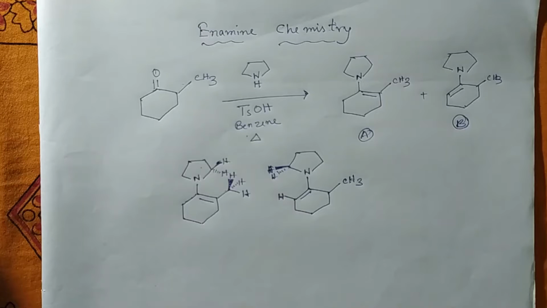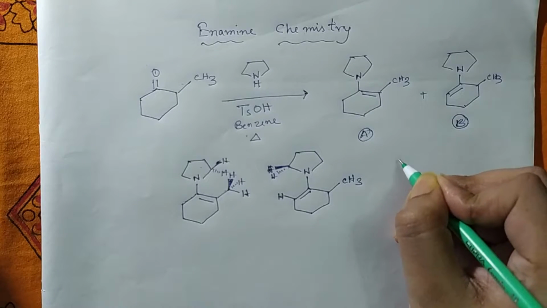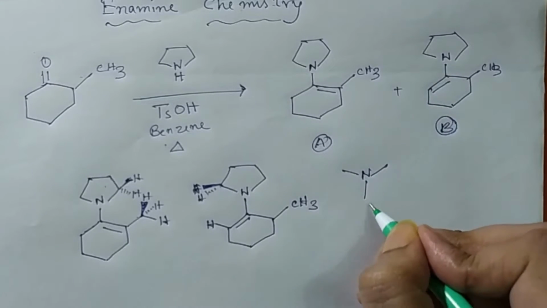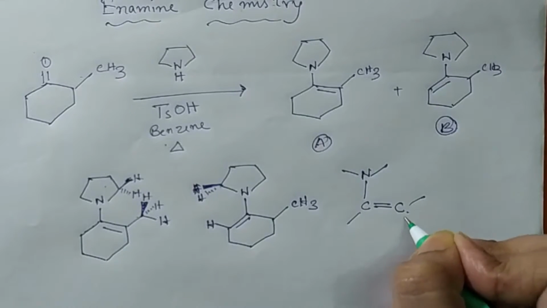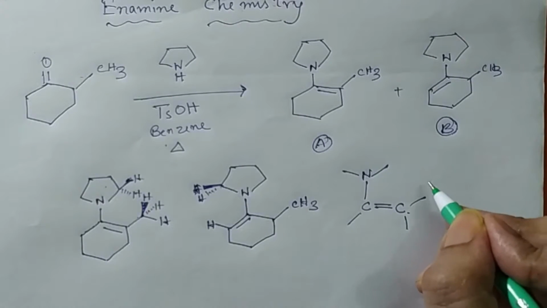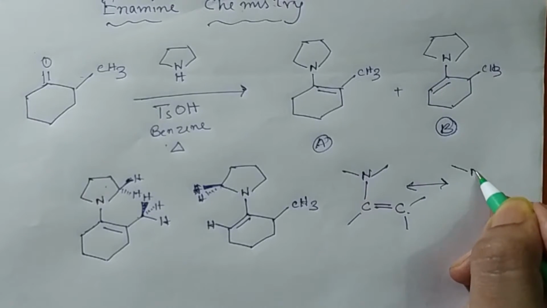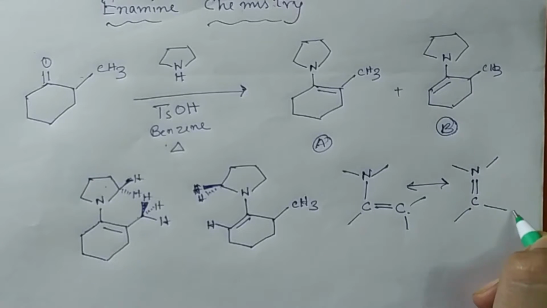I have written the stereochemical structures of both enamines, and now we will all agree on the fact that the enamine has two resonance structures.